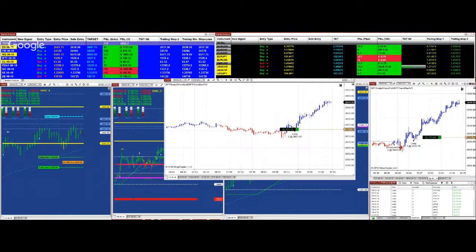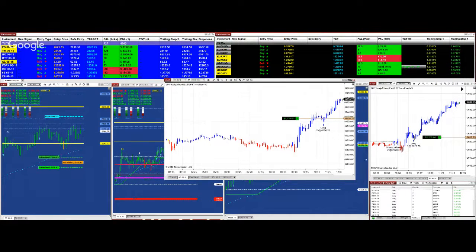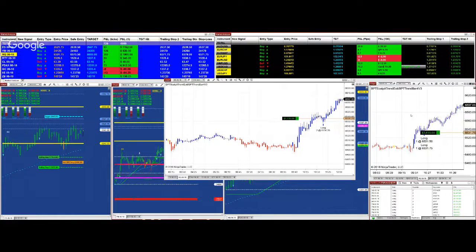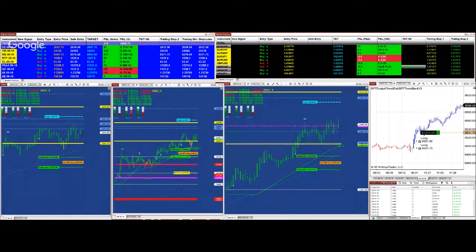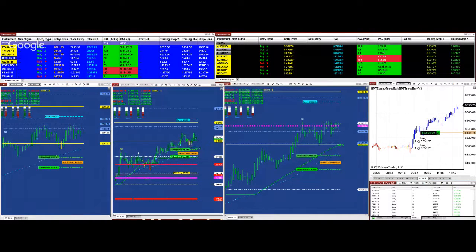On the ES, the 3 minutes and the 5 minutes are almost the same. And NASDAQ 1600. And on the NASDAQ, actually on the 3 minutes, we got a lot better than the 5 minutes. We're just waiting.